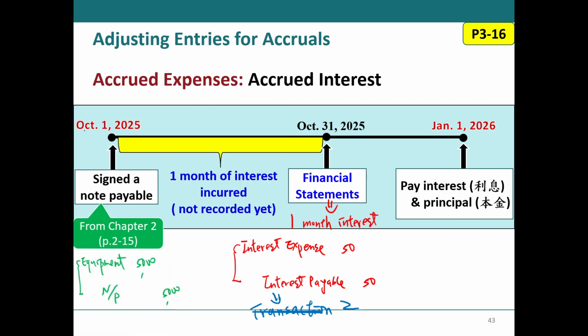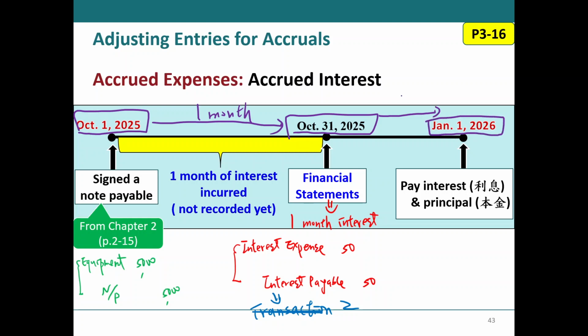Here, you just passed 1 month. Did you find that from October 1st to October 31st, here, only 1 month. But eventually, you had to pay the money back, right? When? January 1st. 2 months passed. So we have to wait 2 months more, right?